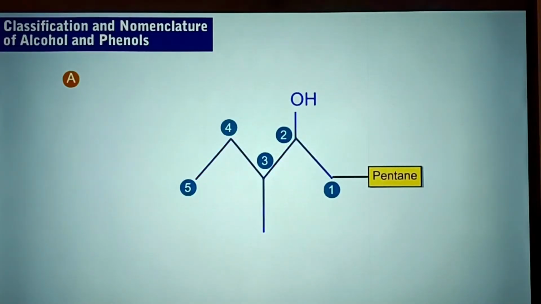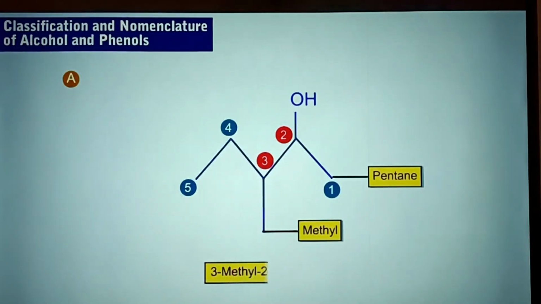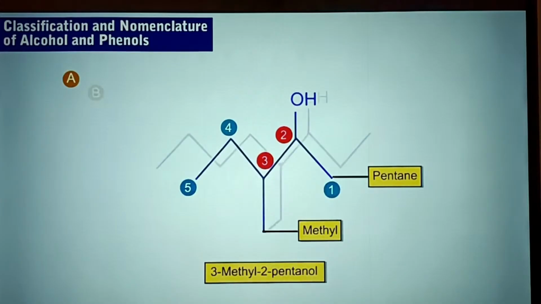Start counting from the right-hand side of the molecule, at the end nearest to the hydroxyl group. Nearest to the hydroxyl group is carbon 1, the hydroxyl group is on carbon 2. There is a methyl group at carbon 3. So the correct name of this molecule is 3-methyl-2-pentanol.